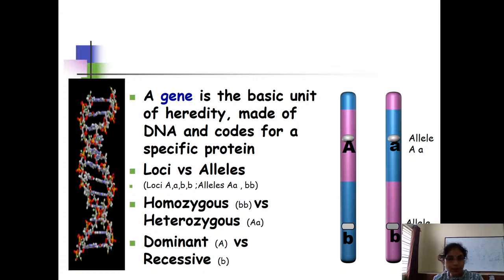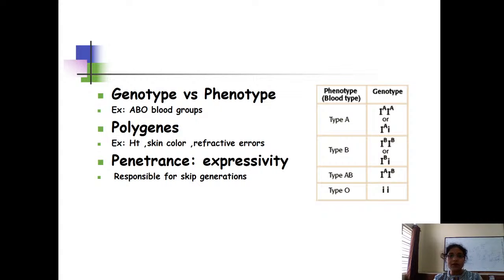Are you all able to remember all that and refresh your knowledge? I hope so. 25 people. So you know what a genotype is, what a phenotype is, and what polygenes are, and you have penetrance and expressivity, which are responsible for skipped generations.